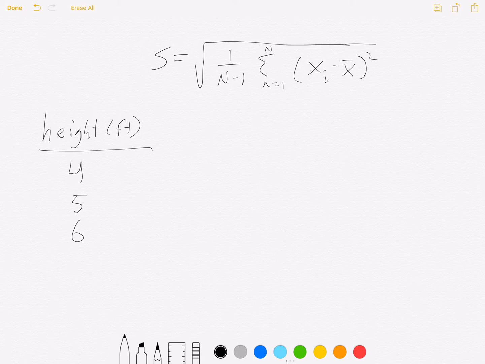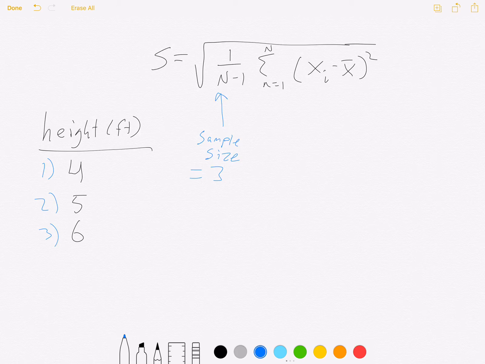Then you have a sample size of 3 because there are 3 values. 1, 2, 3. Okay, so this n right here, that's the sample size. I think n stands for number, right? The number of values that you have. That equals 3 in this case.